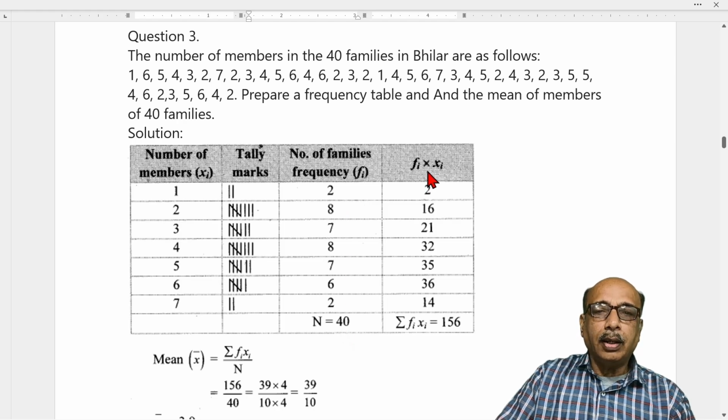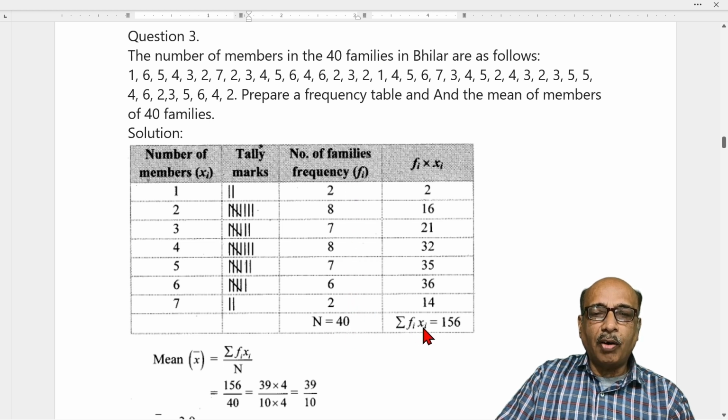Again, fi into xi. Whatever numbers are given in this column and this column, you have to multiply. So fi is 2 into 1, 2. 8 into 2, 16, and so on. Then you have to make the frequency column total, N equals 40.